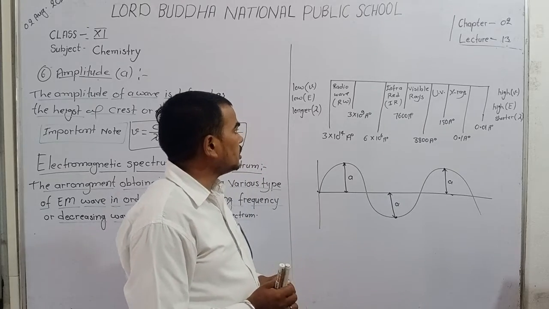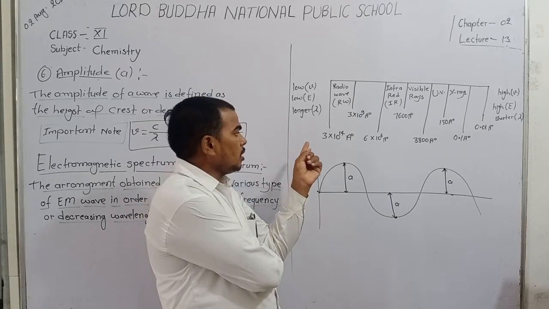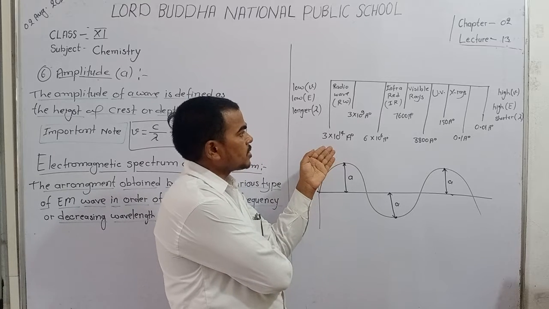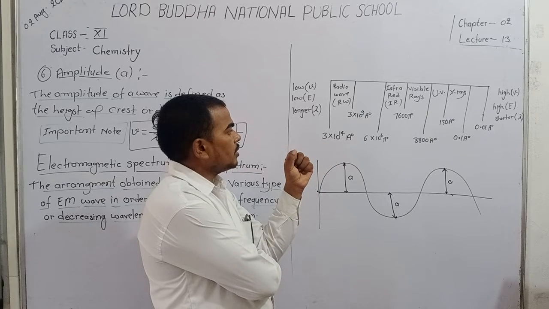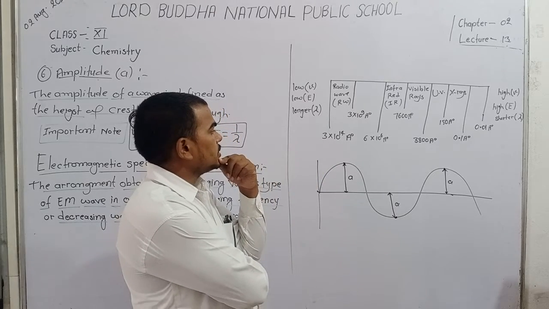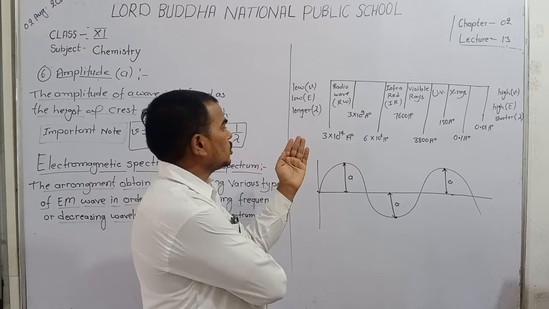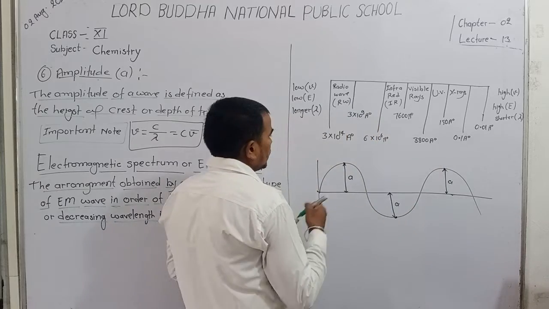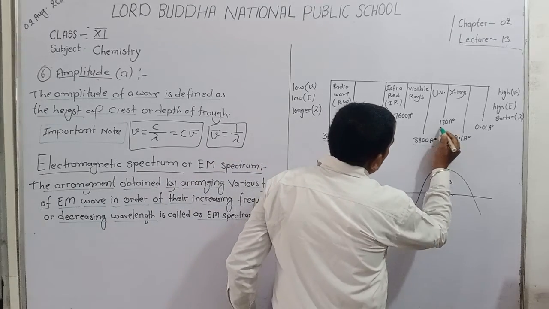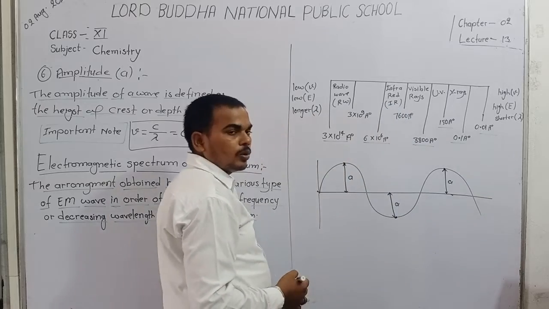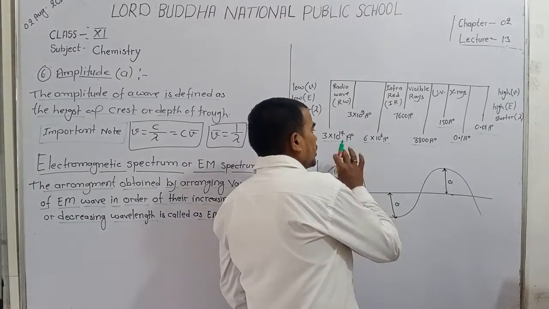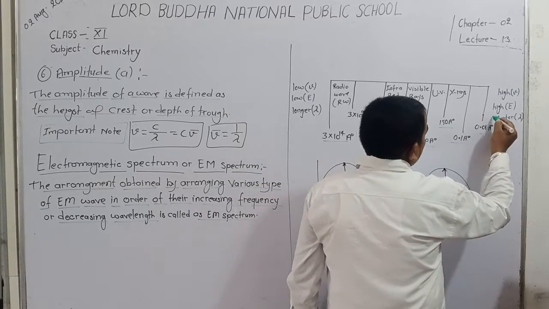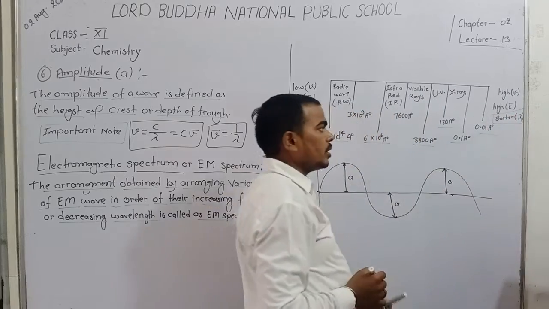Observe here: as you go to the right in the spectrum, the wavelength of the wave decreases. So when we go to the right of this spectrum, we obtain shorter wavelength, shorter lambda.